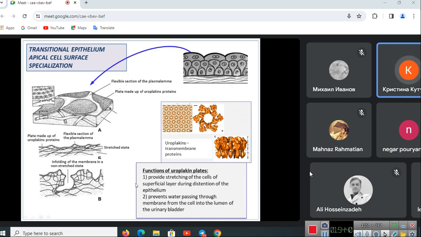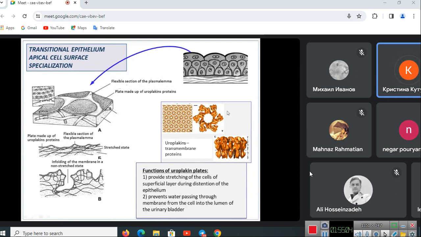So this is one of the functions of the uroplakin plates. It provides stretching of the cells of superficial layer during distension of epithelium, and it has a second important function. It prevents water passing through the membrane from the cell into the lumen of the urinary bladder.